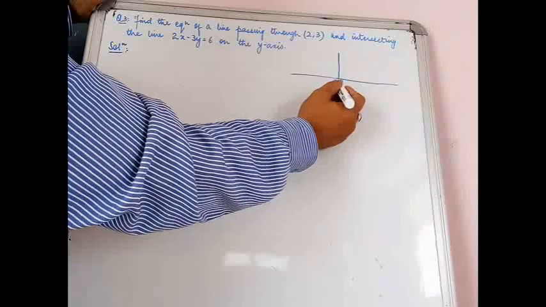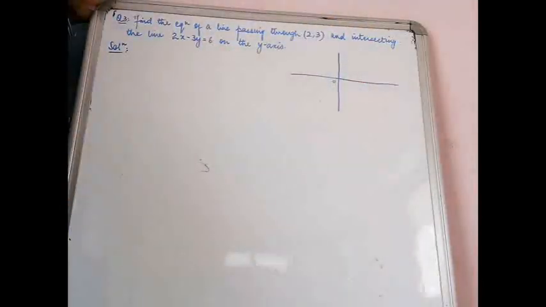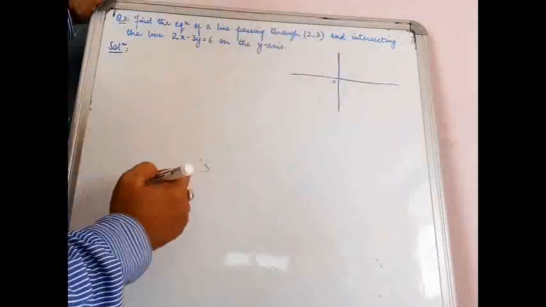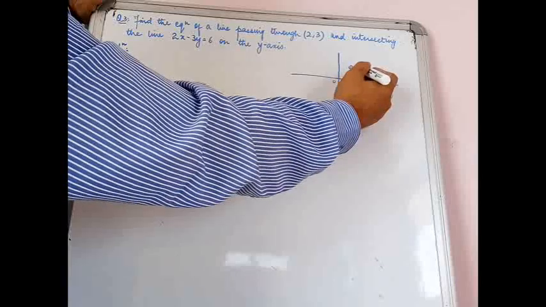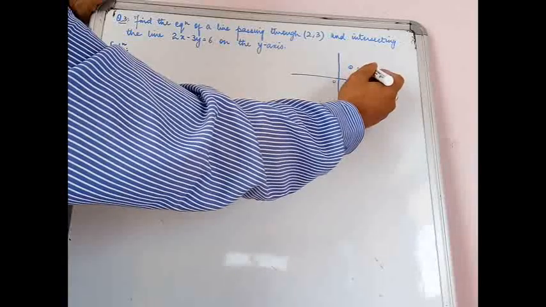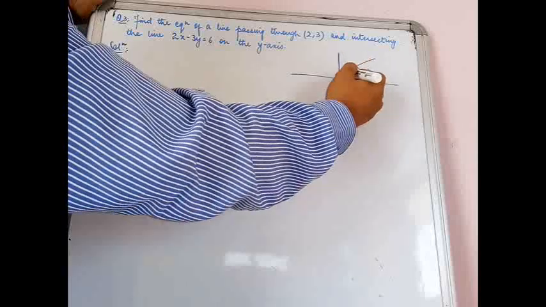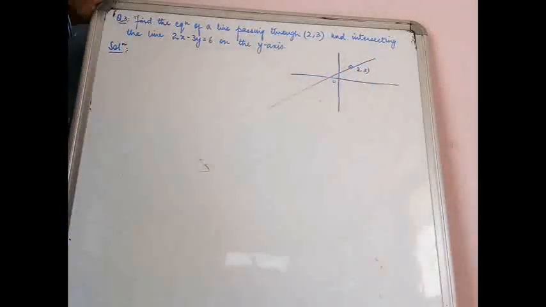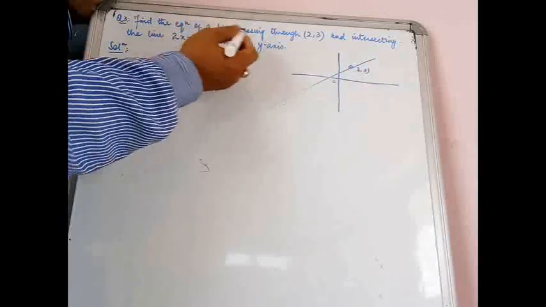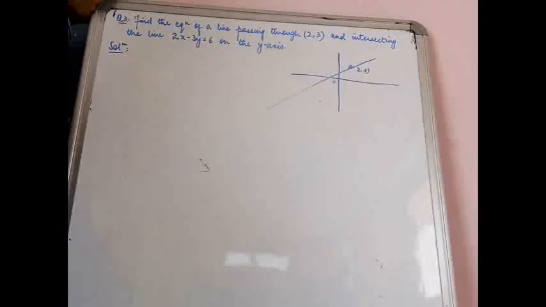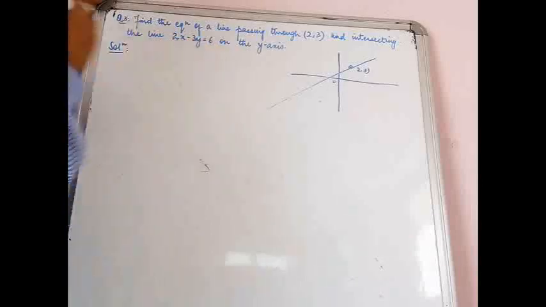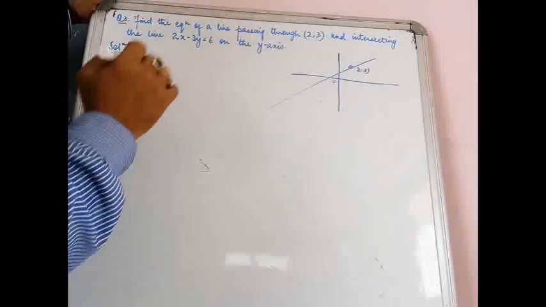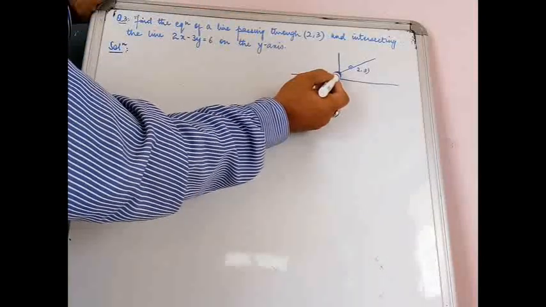Now suppose that these are the two axes that we have. Now where is this point (2, 3) going to be? Somewhere over here. Suppose this is the point (2, 3). Suppose that this is our line. This is our line, because our line is passing through this point (2, 3). And our line is also intersecting another line on the y-axis. So on the y-axis means over here.